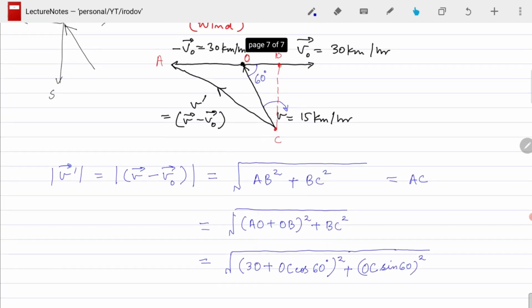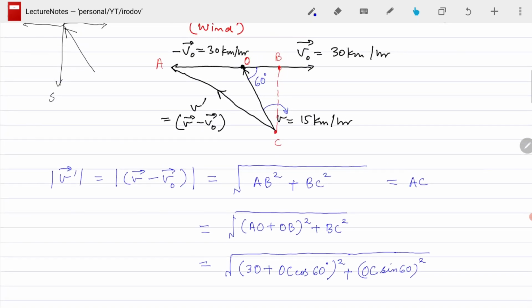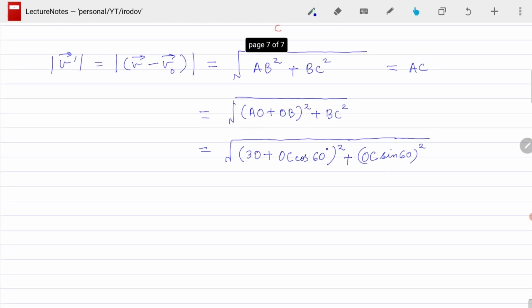The magnitude of OC is 15, so substituting, we get 30 plus 15 cos 60, squared, plus 15 sine 60, squared.